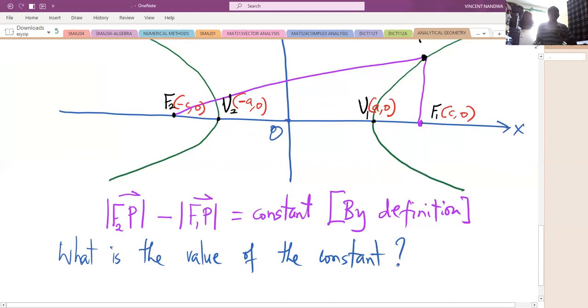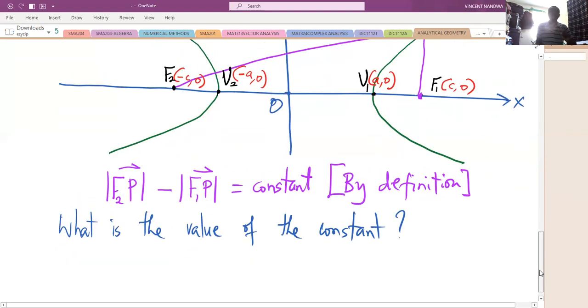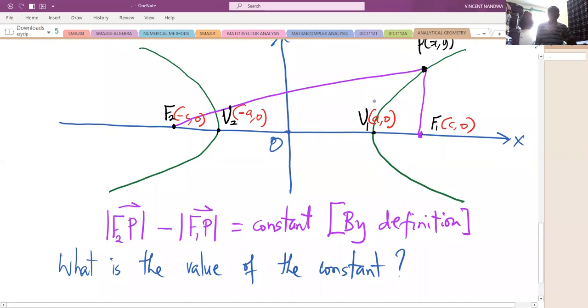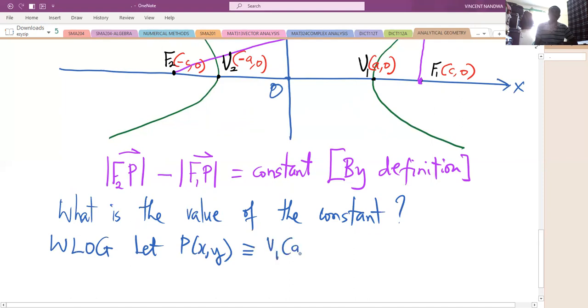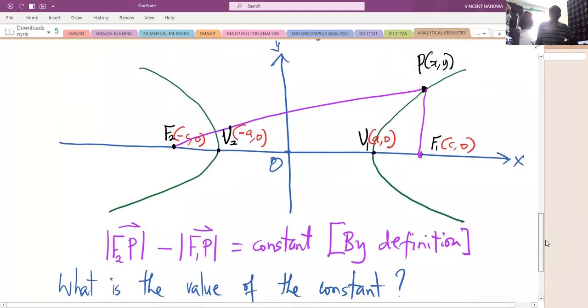So to get the value of this constant, because we are saying that this P is a general point on the hyperbola, we can say, without loss of generality, let P(x, y) be at the point V1. And you see, there is no mistake in this, because we are saying that P is any point on the hyperbola.